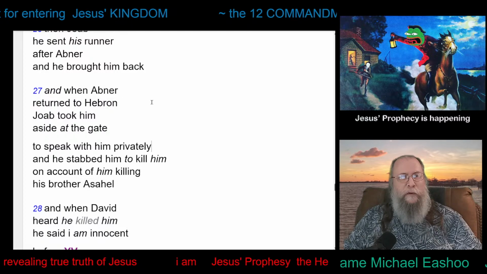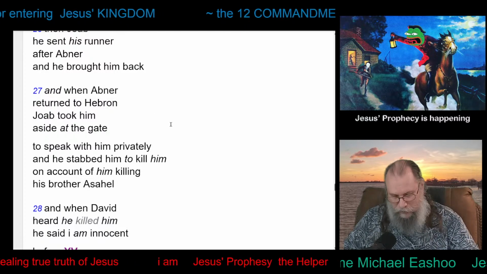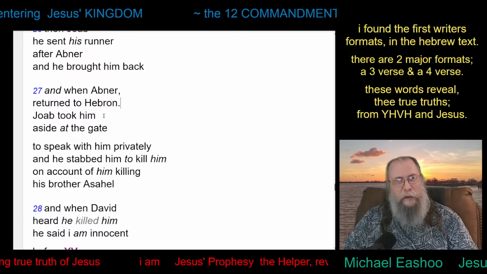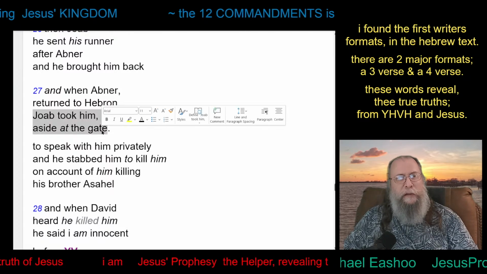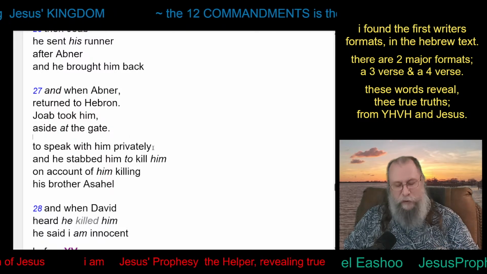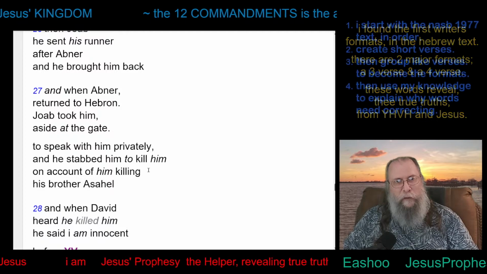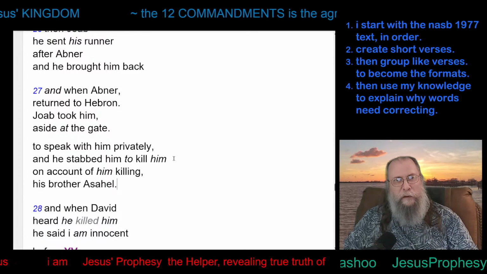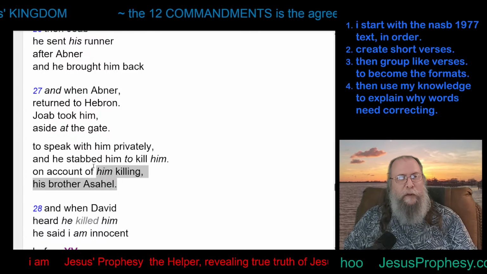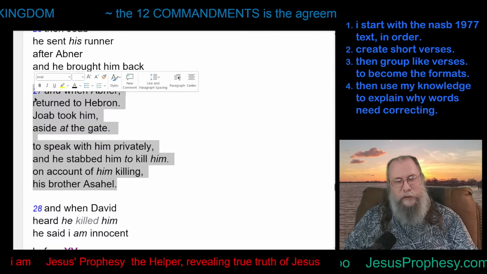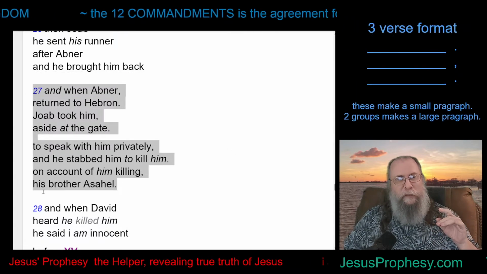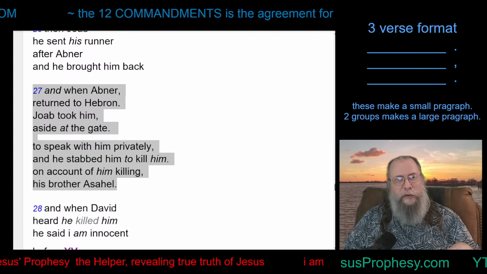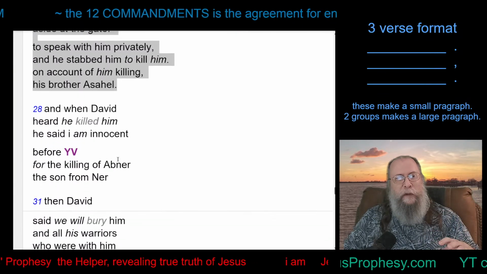This is a 4-verse format, which means this is a comma and this is a period. This is a comma and this is a period. These two make a sentence more or less. And then what I do is I have very much a repeating text or a continuation of the story where I could say this is like a large paragraph. Then I put a double space through them, and then you can see another story is going to start here.